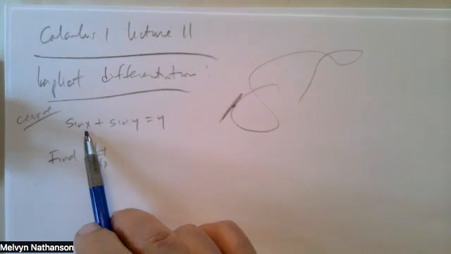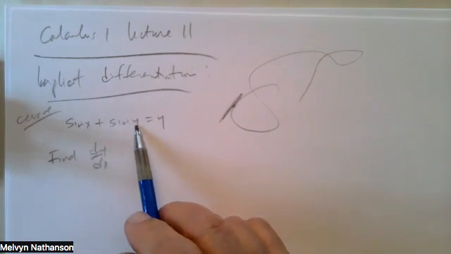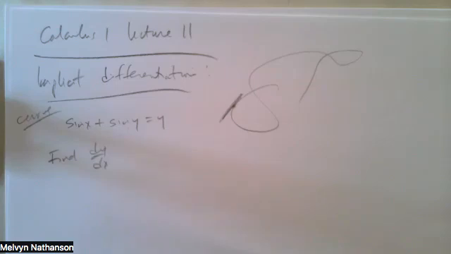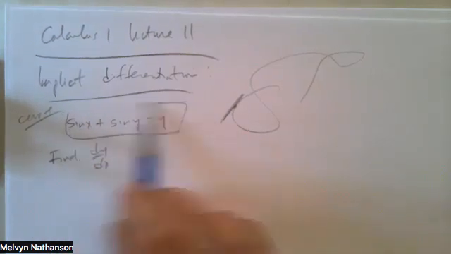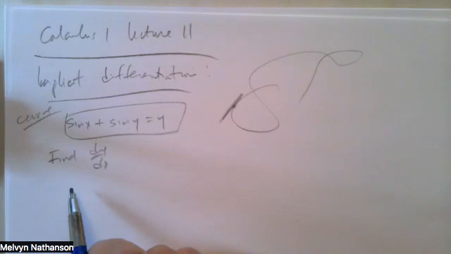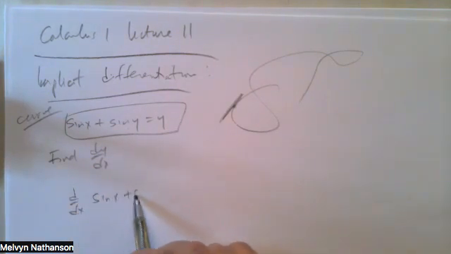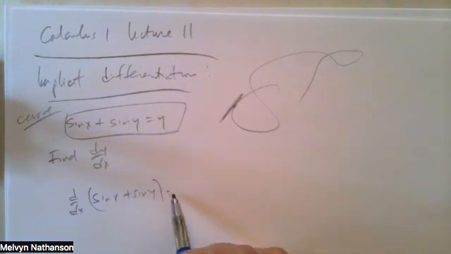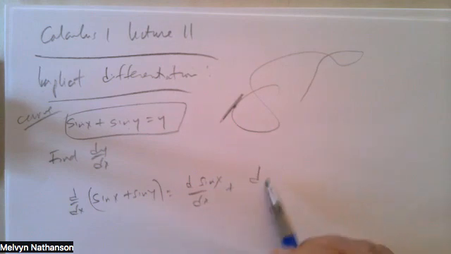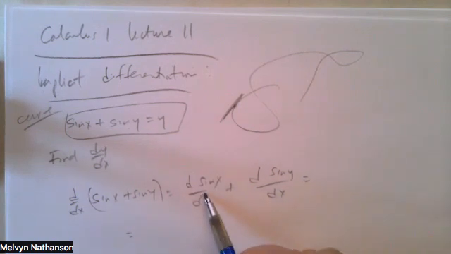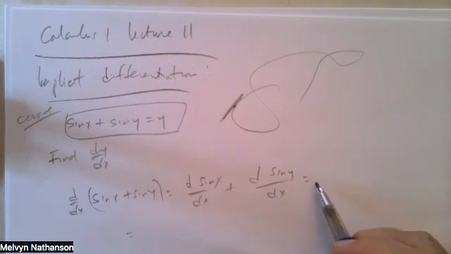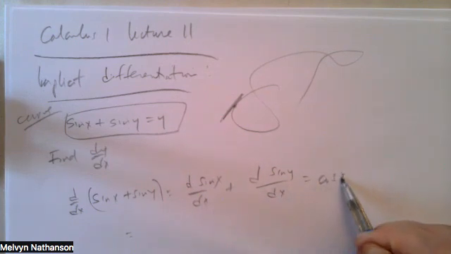So here we have sine of x. Here, this is the sine of y, but y is a function of x. So we take this expression and we differentiate. The derivative with respect to x of sine x plus sine y is the derivative of sine x with respect to x, plus the derivative of sine of y with respect to x. What's the derivative of sine x with respect to x? That's cosine x.